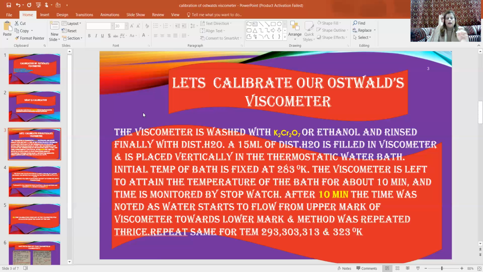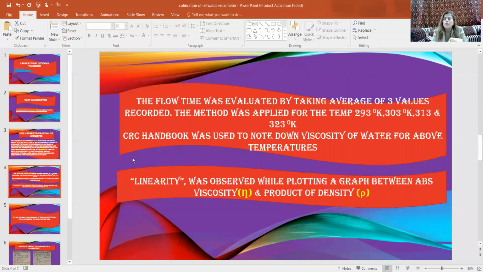Okay, and this was about the filling of the viscometer with distilled water and leaving it for some period, right? Then you will repeat the same process for the other temperatures also. The flow time was evaluated by taking the average of the three values.